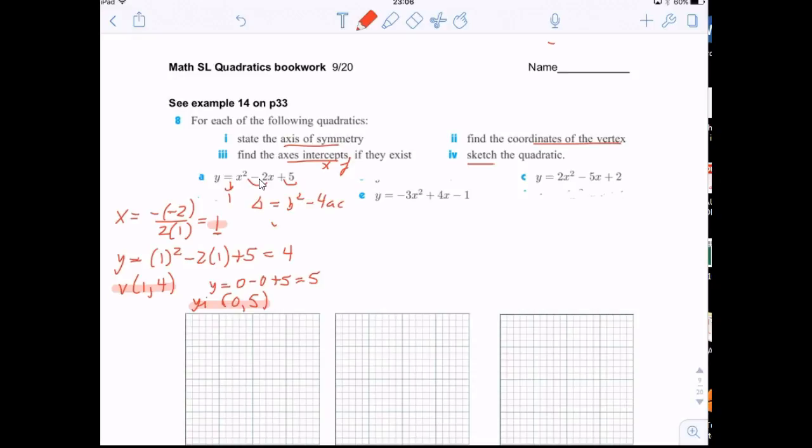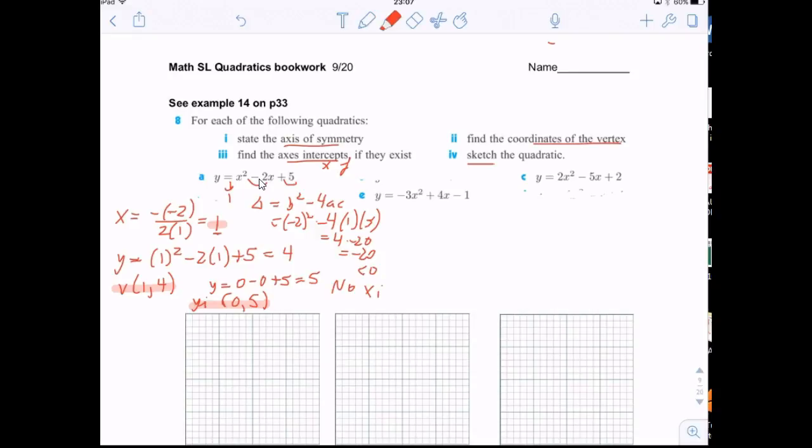So b squared is going to be negative 2 squared minus 4 times a times c. So that's going to be 4 minus 20, which gives us negative 16. Negative discriminant, that means that there are no x-intercepts. So there are no x-intercepts.